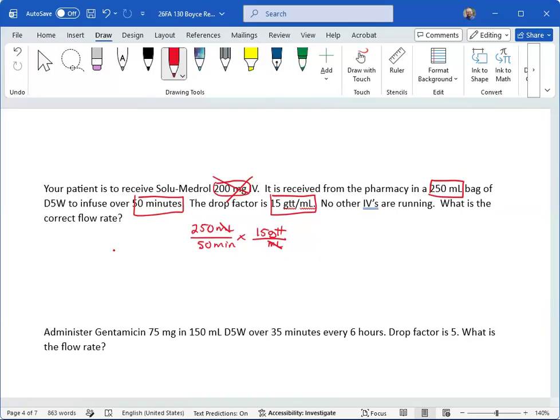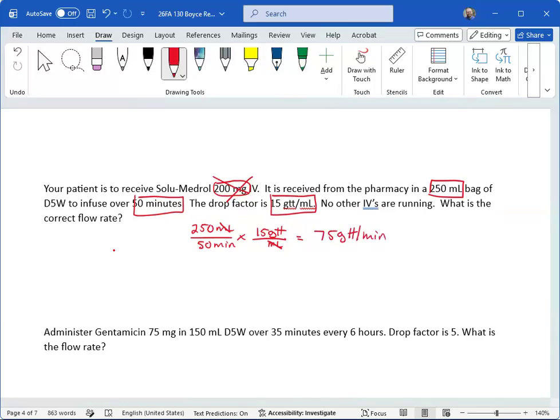So we want to make sure we know where these things go. Anyways, I try to make this easy, right? So 250 divided by 50 is 5. Five times 15, and so again, we have a nice even 75 drops per minute.